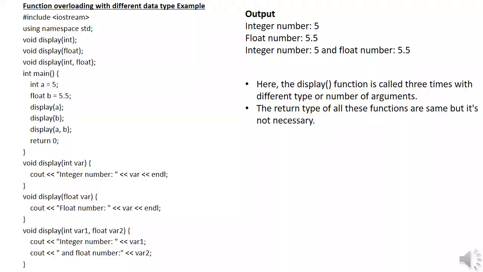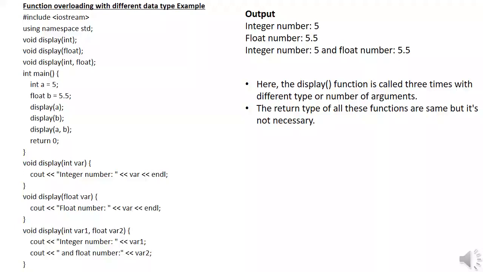The first function takes an integer argument. The second function takes a float. The third function takes an integer and a float, two arguments.